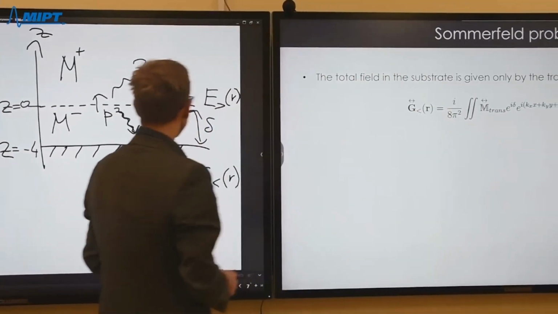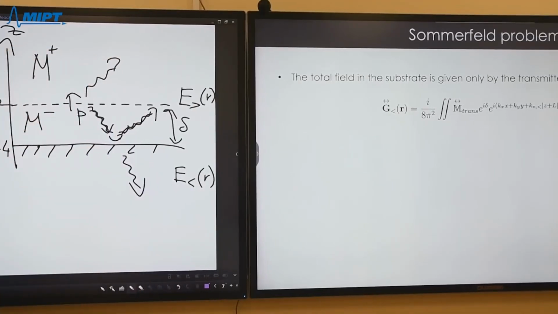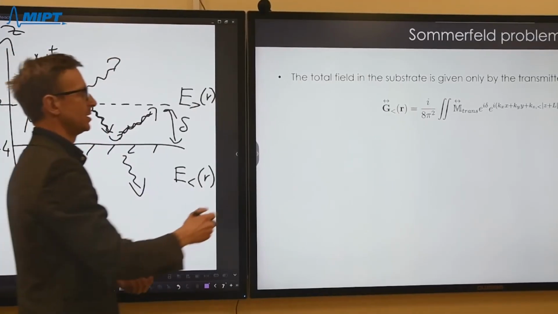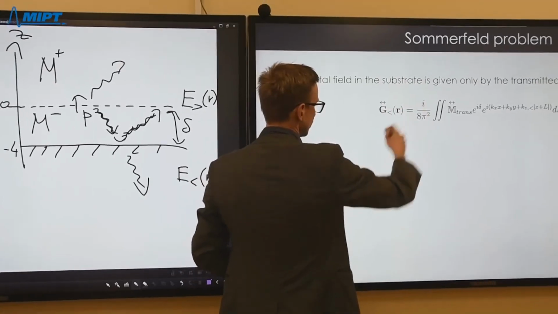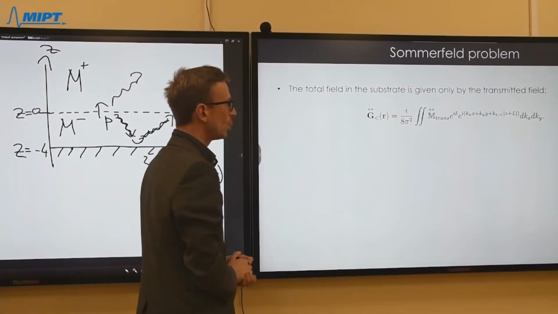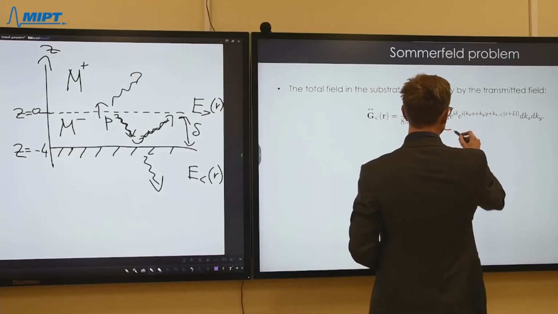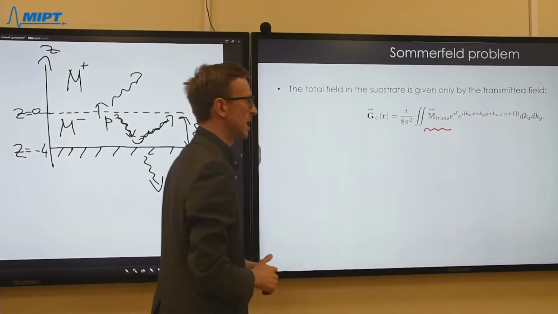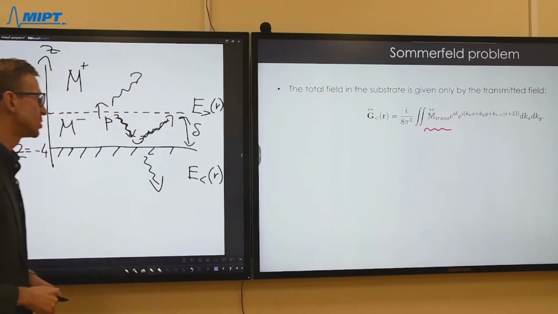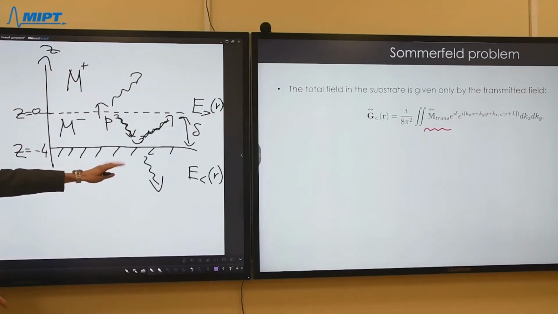Similarly, in the substrate, we're going to describe the fields by the G lesser Green's tensor, which can be described in a similar way using the product of a certain unknown dyad, M transmitted, which will describe the polarization properties of the field here.